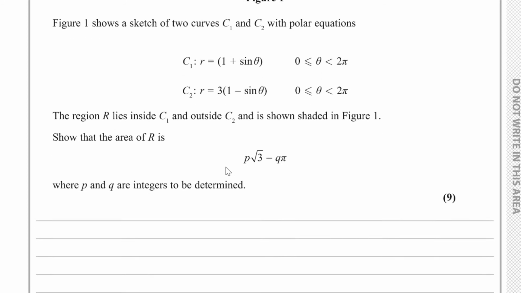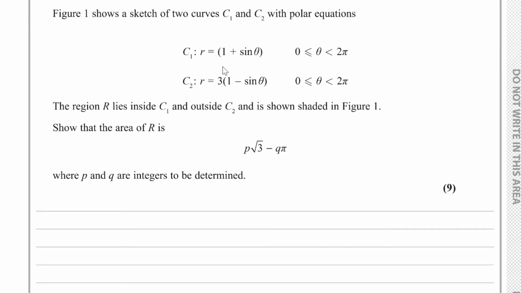So if we set C1 equal to C2, we've got 1 plus sine theta, and this is equal to 3 lots of 1 minus sine theta. And if we expand on the right hand side, we've got 1 plus sine theta on the left hand side. On the right hand side we've got 3 minus 3 sine theta.